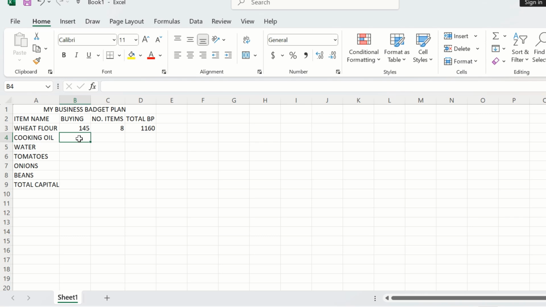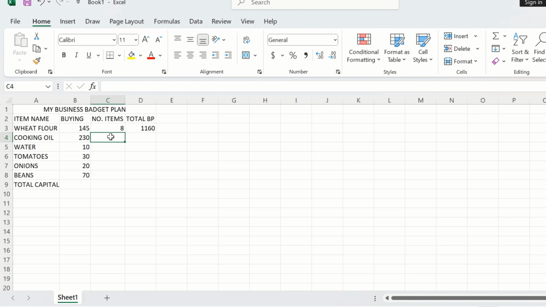So let's say that the cooking oil is costing 230. Water, we just say it is just 10 bob per 20 liter. Tomatoes, 20 bob, onions, 70 per bag of beans, and then the number of cooking oil.